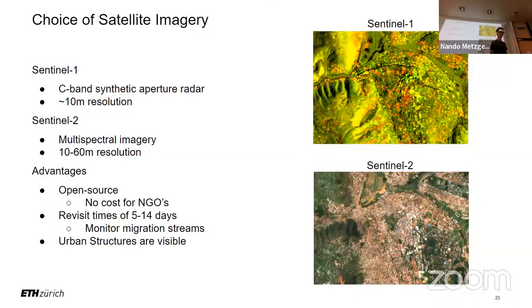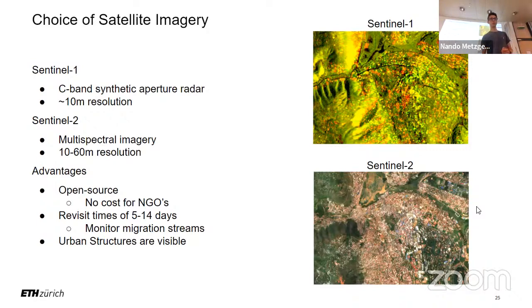I think 10 meters is a bit at the border of what you need to detect population, but it's still useful because, as you can see here, you see the urban structures a bit, and it's enough to infer where the population centers are, even though you don't see the individual houses themselves.